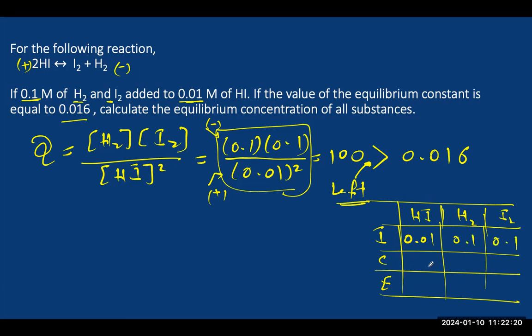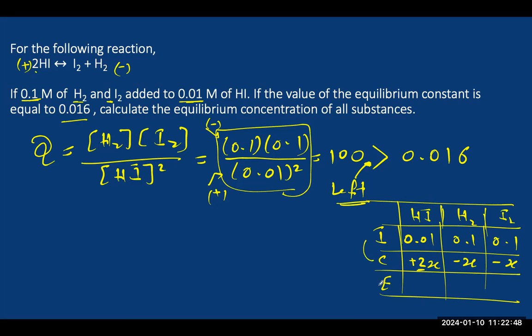The change, we decided that the change for HI will be positive, and for the products will be negative. And again, this will be decided from which side this reaction will shift, right or left. It will shift to make more products or more reactants. Here, this reaction needs more reactants. That's why it will shift to the left. It will be plus 2x and minus x and minus x. And again, this 2x is from the coefficient in the equation.